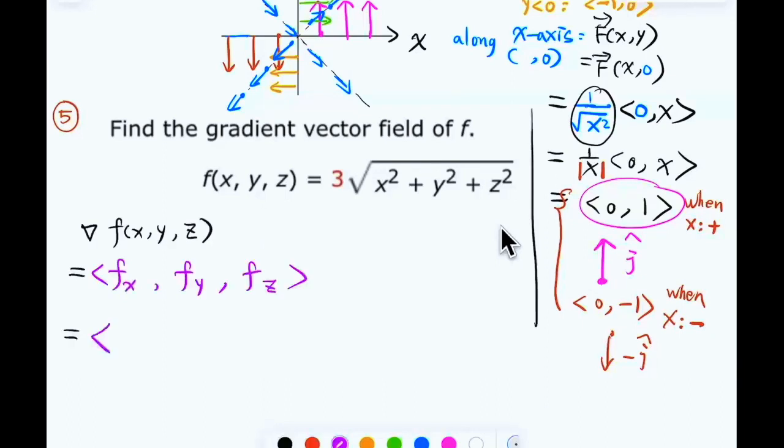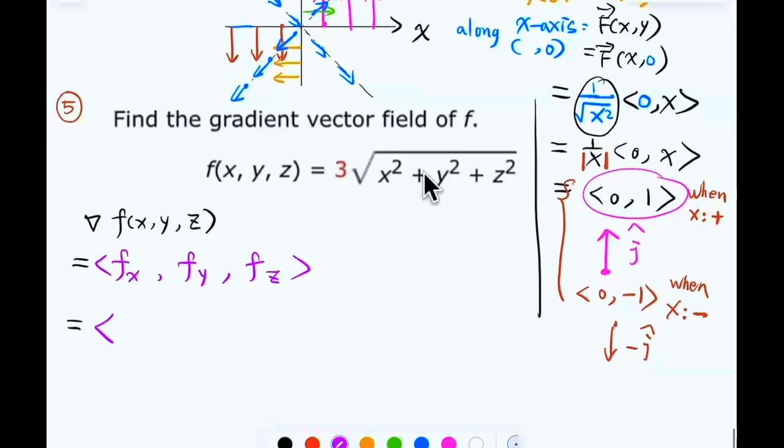What's the partial derivative of this function with respect to x? Remember, you think of x as the only variable and hold y and z constant, right? So you get 3x over the square root of x squared plus y squared plus z squared, right?